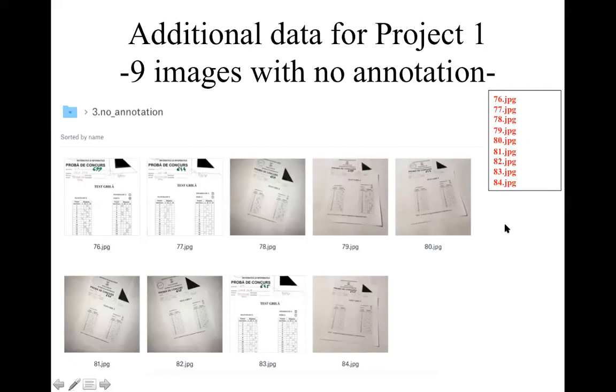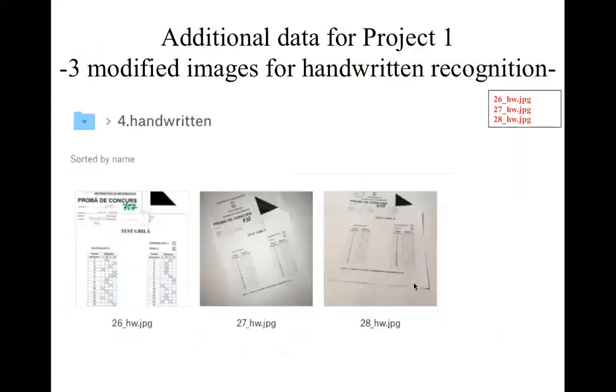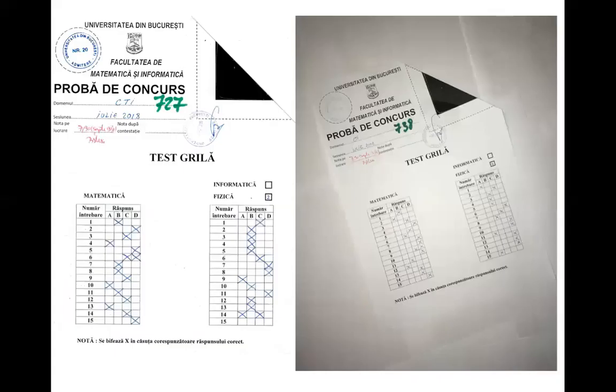Okay, let's try another question. Yeah, so in the fourth scenario, the idea is that you will recognize the handwritten. So you want to recognize this 7.90, not taking into account the answers, yes.